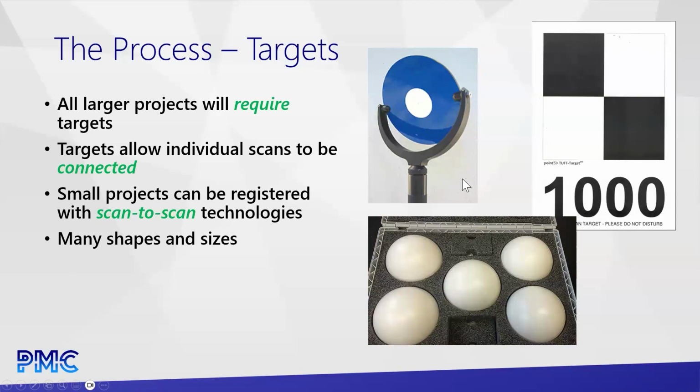For the most part, these are going to be temporary, even though we do sometimes do permanent installs. And they're going to be moved as a scanner moves through the space. This is very important that as projects get larger, these types of techniques be implemented. Otherwise, the project will fail. We'll go into that a little more as we go on.